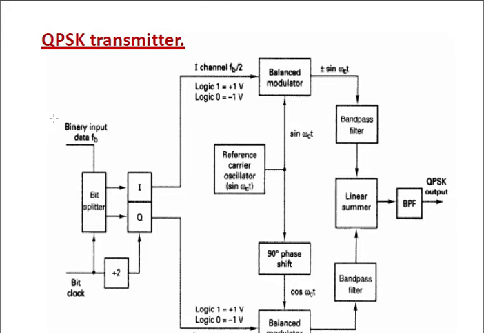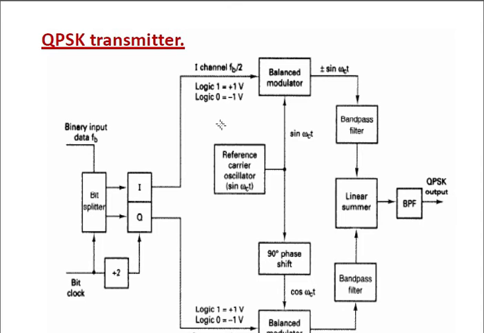Basically, in any passband or baseband transmission technique, there is binary input data whose bit frequency is represented by fb, and the bit clock is provided to the two channels, I and Q. There is a bit splitter, so that the I channel and the Q channel are given. Whatever bit is given to the I channel is given as input to the balance modulator, and similarly the output of the Q channel is also given to the balance modulator.